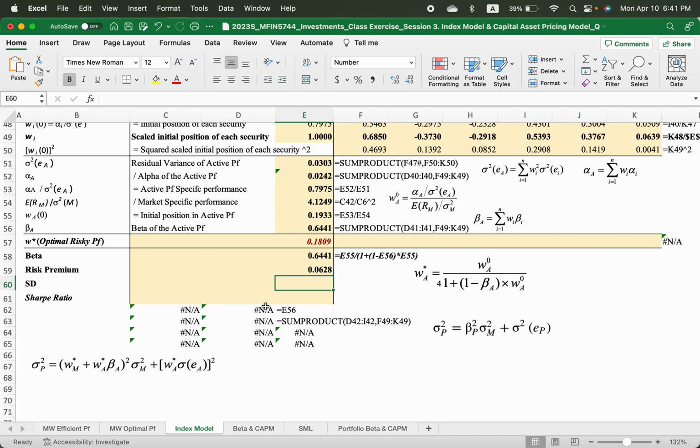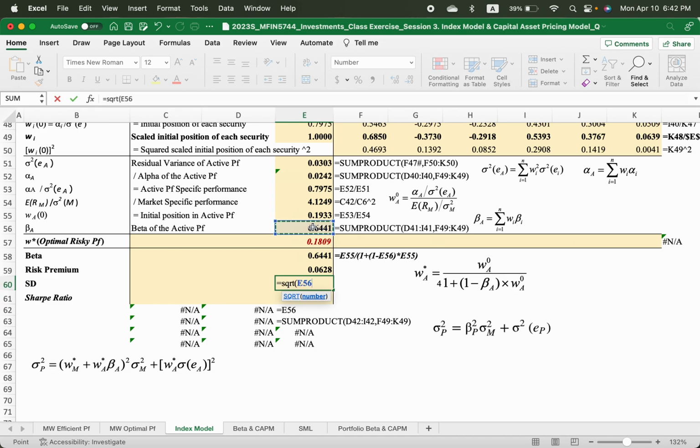Because what we want to calculate is the standard deviation, not the variance, we need the square root, open the parenthesis. Now we have the beta, right?